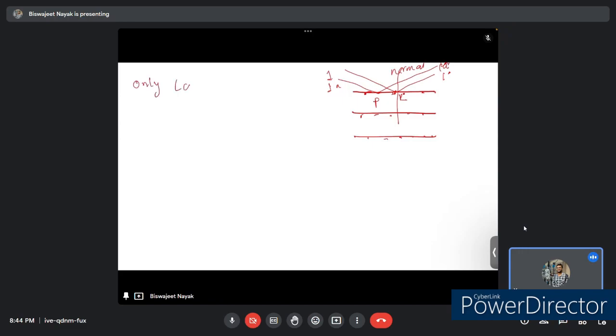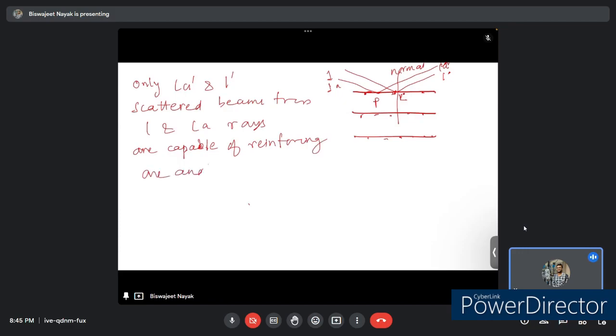Only the 1A dash and 1 dash scattered beams from rays 1 and 1A are capable of reinforcing one another, and other scattered rays will be cancelled out.